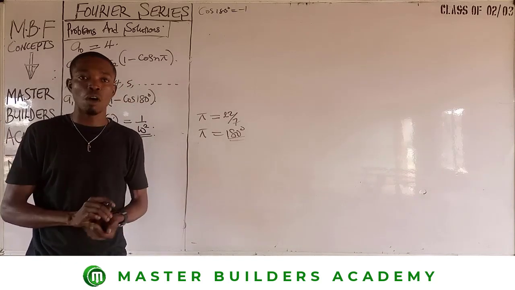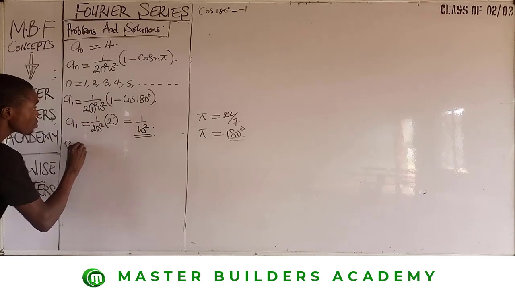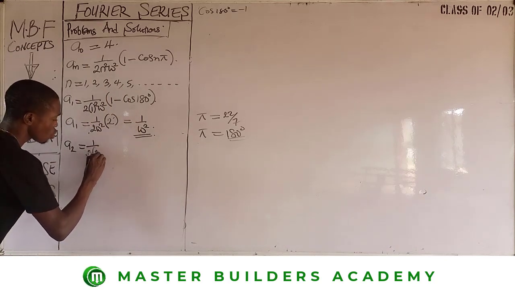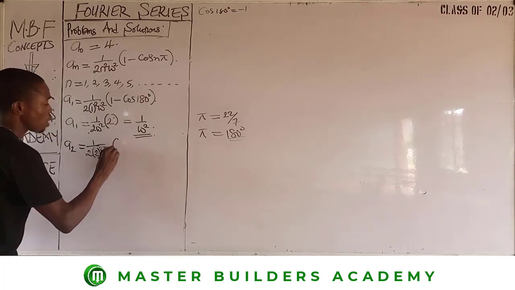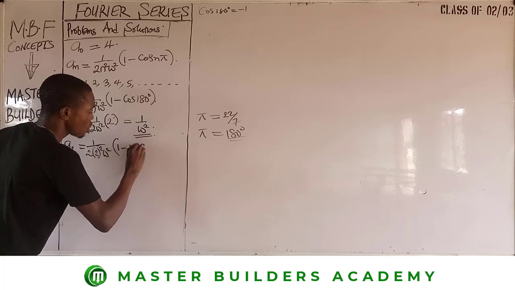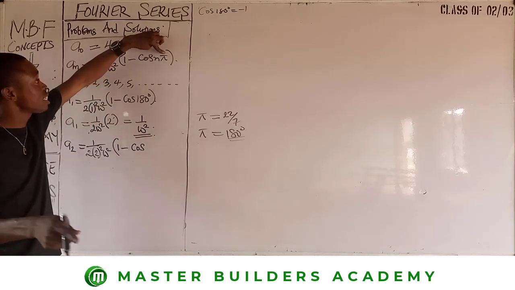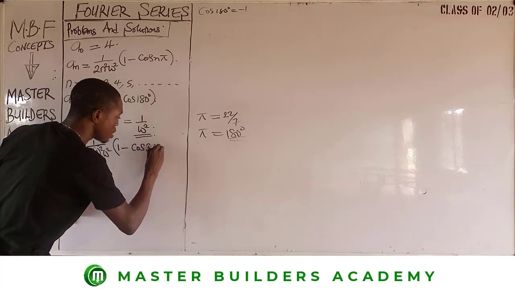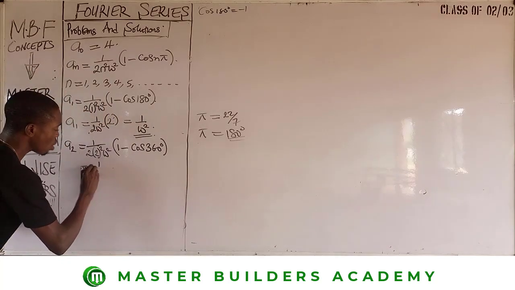Left with 3 more. Then again, when n is 2, we have 1/2 into 2 squared W squared. Then we have 1 minus cos. Now remember, this will now be 2 multiplied by 180. Pi is 180, n is now 2. And that will give us 360 degrees. Now, this will give us 1/.